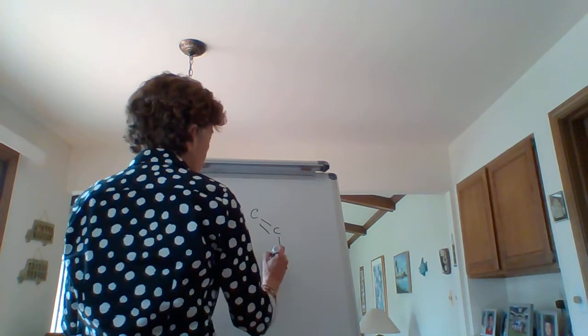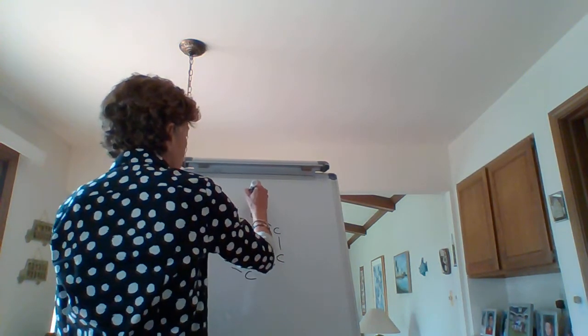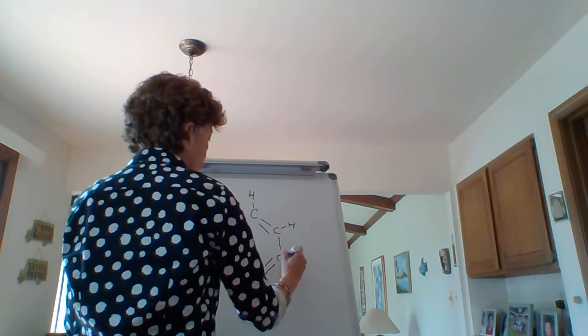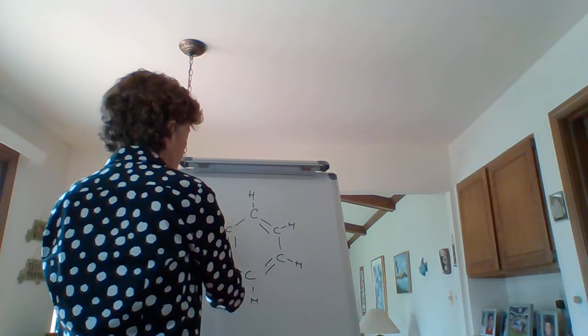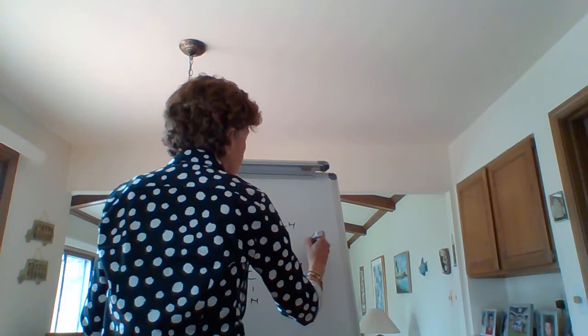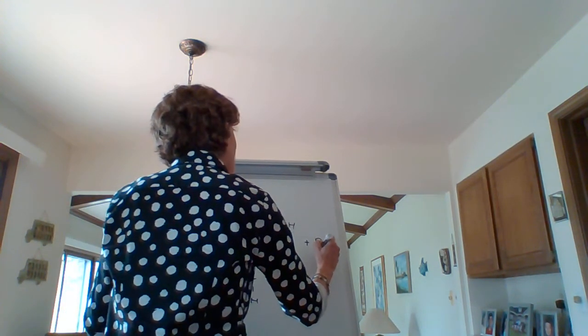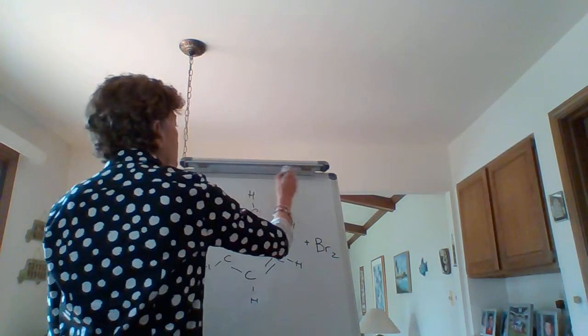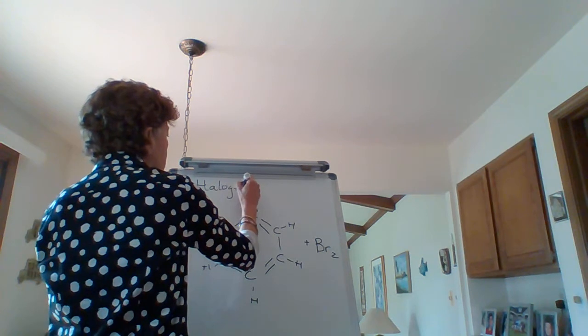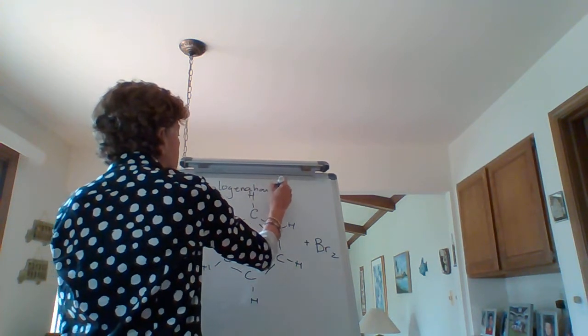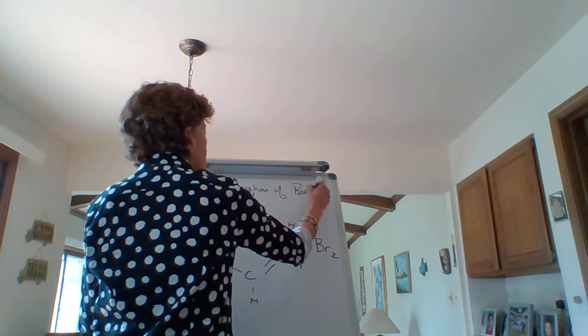And we have double bond, double bond, double bond, and here's my benzene. And let's say I've got bromine. So we're going to do halogenation of benzene.